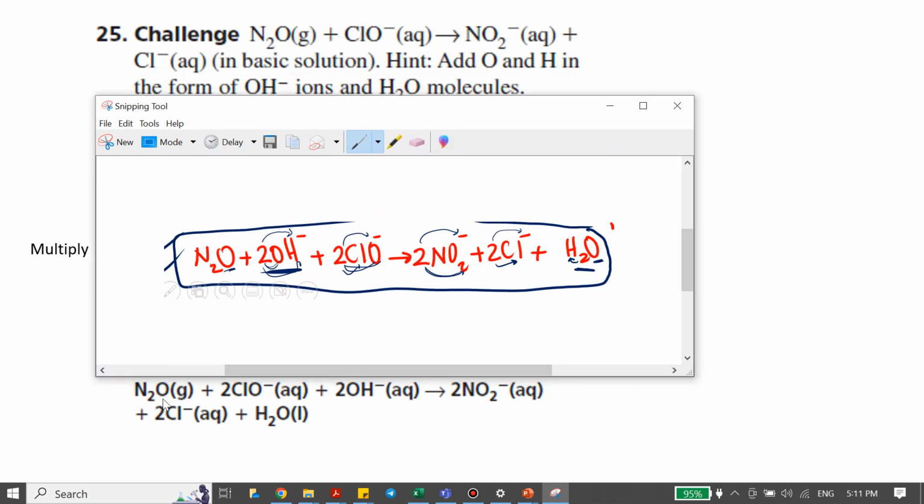So I have 2N2, sorry, N2O, N2O, 2ClO-, 2ClO-, 2OH-, 2OH-. The arrow, then I have 2NO2-, 2NO2- plus 2Cl-, 2Cl- plus H2O plus H2O. So our solution is correct.